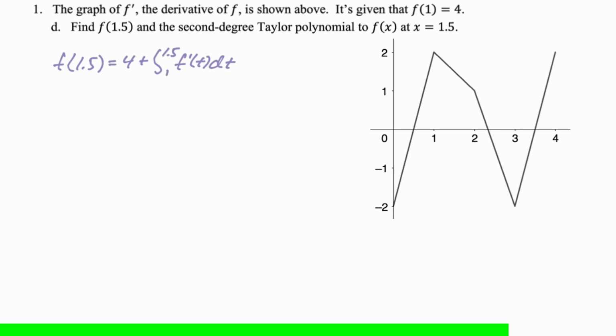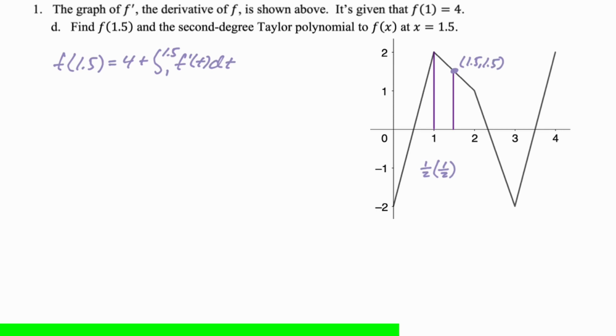All right, so we have to do some geometry. I think we know that at 1.5, we're just going to get 1.5, because if you move over 1/2, you're going to move down 1/2, because the slope there is just negative 1. So here's our little region. It's a trapezoid, so I'm going to do 1/2.